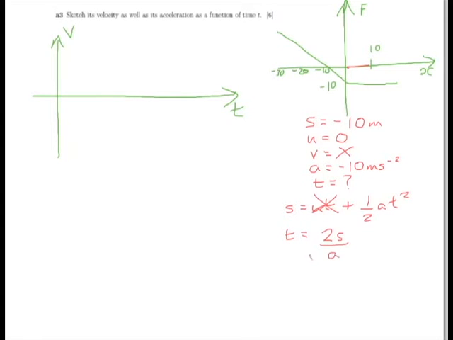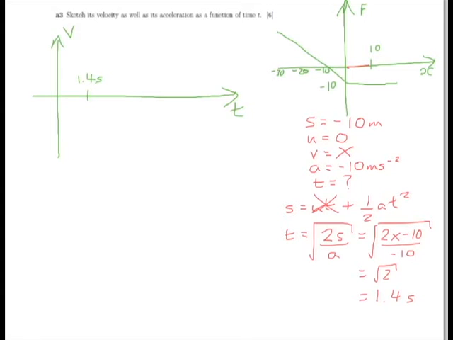So let's plug in some values here. That's 2 times minus 10 divided by minus 10. So the answer here is root 2, which is 1.4 seconds. Okay, so our first point of interest here along our axis needs to be at 1.4 seconds.